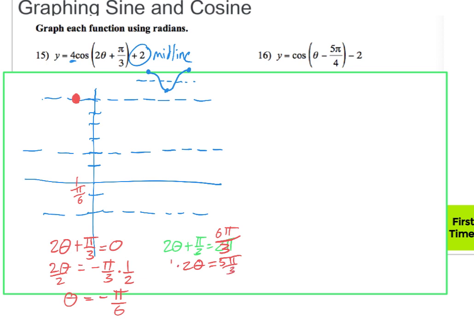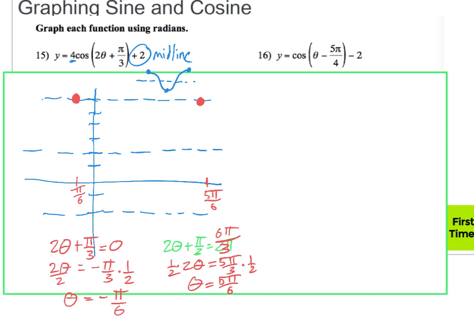I'm going to divide by 2. And when I do that, I've got theta is equal to 5 pi over 6. So that might be somewhere at the end of your graph, 5 pi over 6. Cosine will be back at the top there.